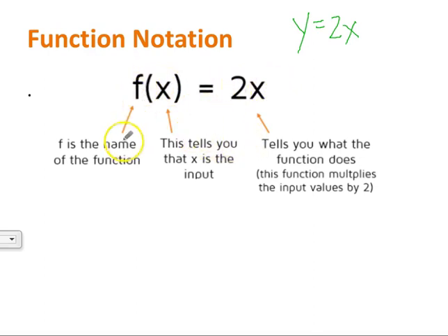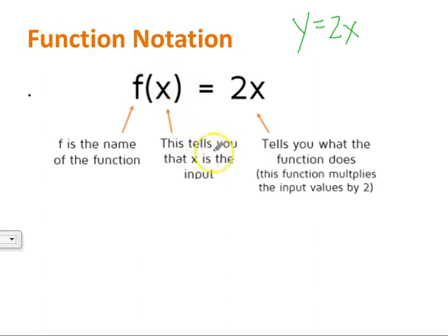And let's look at what all these notations mean. So this f in front of the parentheses and the x, f is the name of the function. We can have g, we can have h, we can have f, we can have m, whatever the letter is in front of the parentheses and the x, that just tells us the name of the function. Sometimes there might be more than one function we're working with, so you might use different letters.